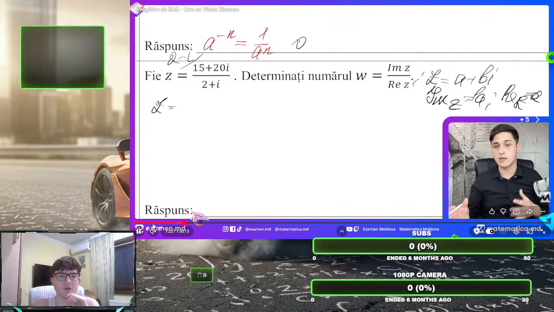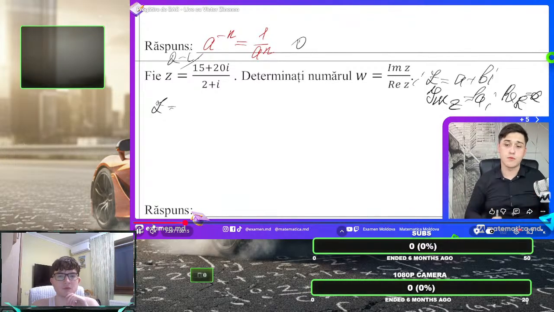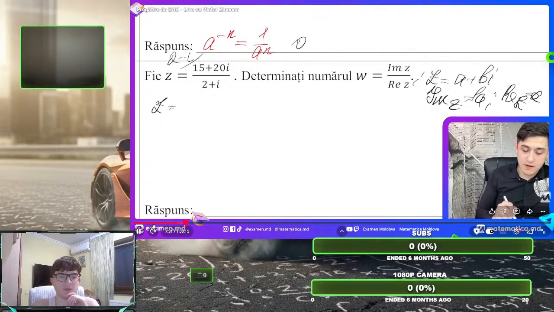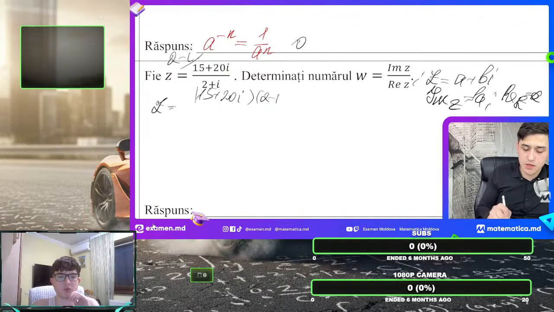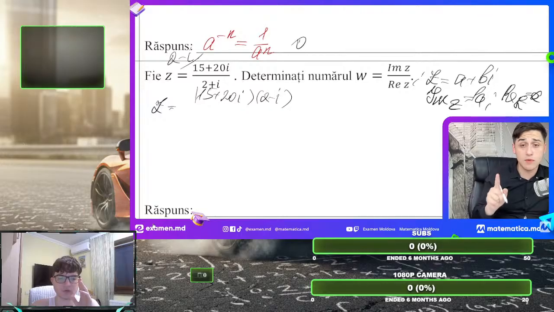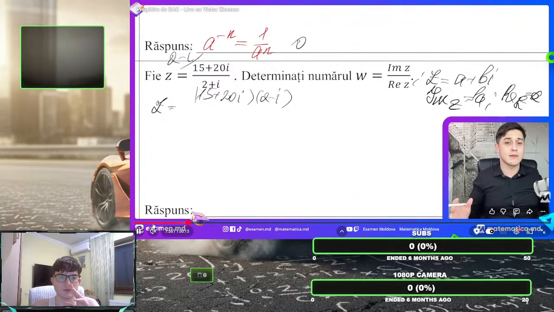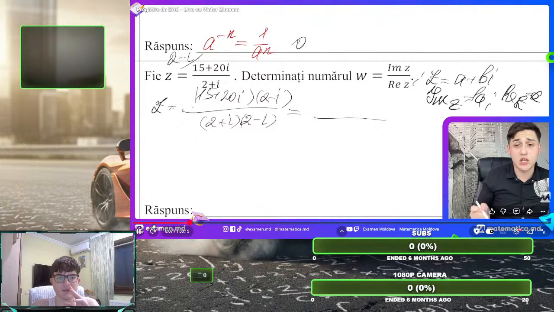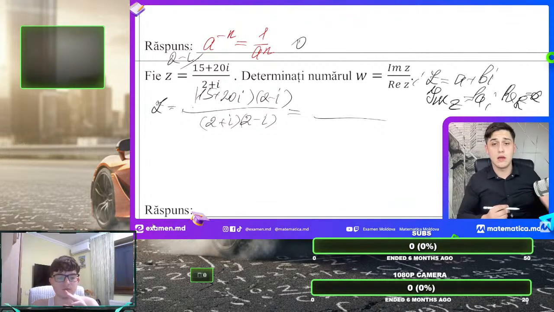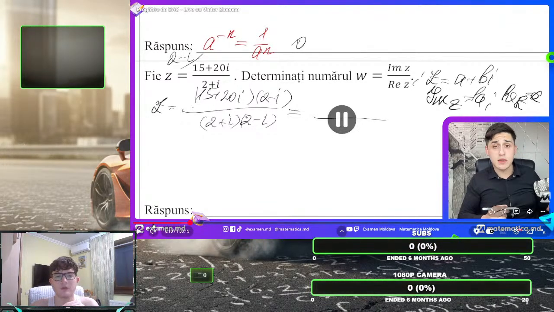2 minus 1, okay, that's correct. I'm evaluating. 2 minus i multiplied by that. Right. That's that below. Now below we have a formula.